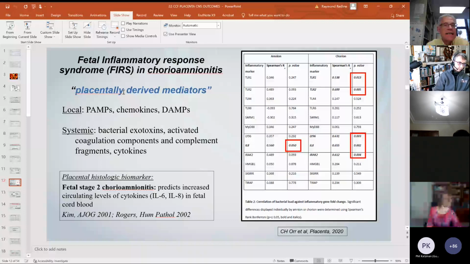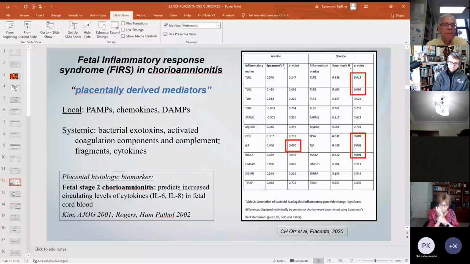With chorioamnionitis, we find a significant association between the bacterial load, as measured by 16S RNA by quantitative PCR, and elevations in cytokines. So it seems like, at least in most cases, especially in preterm infants, it's the magnitude of the bacterial load in the placenta that determines the level of cytokines in the fetus.